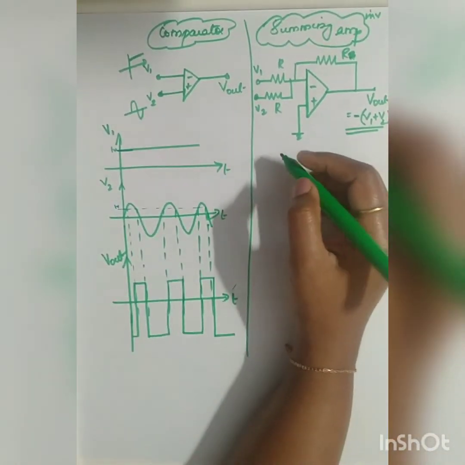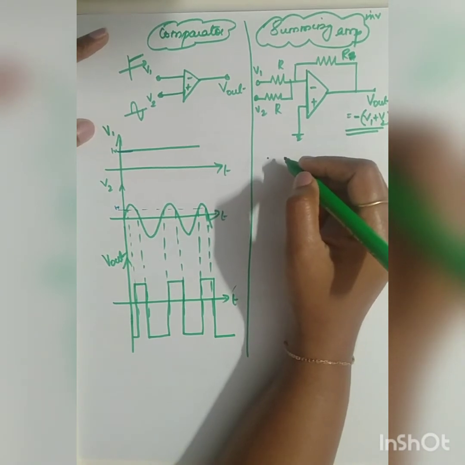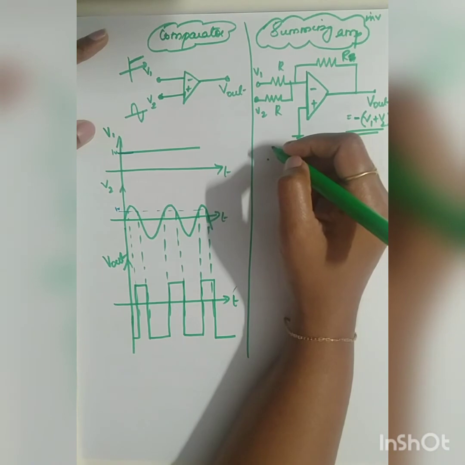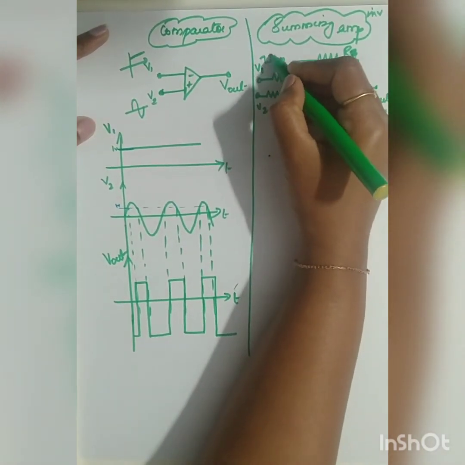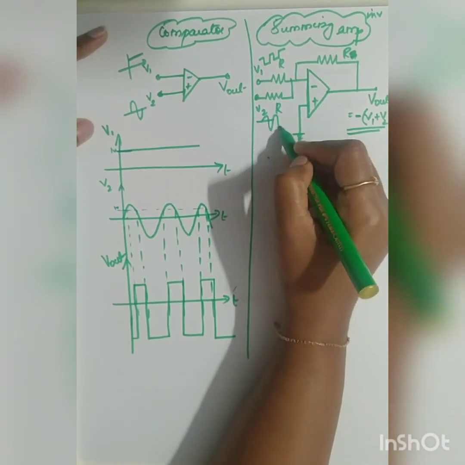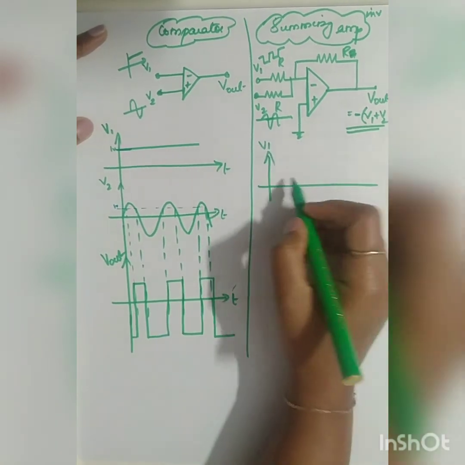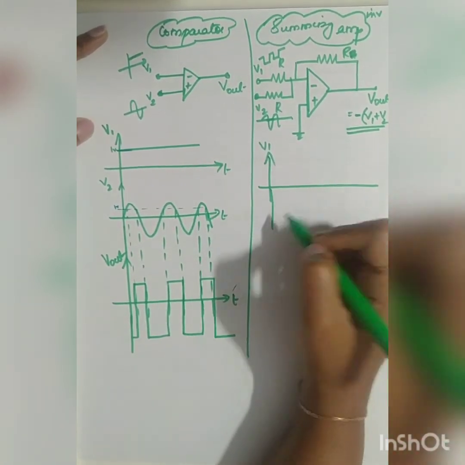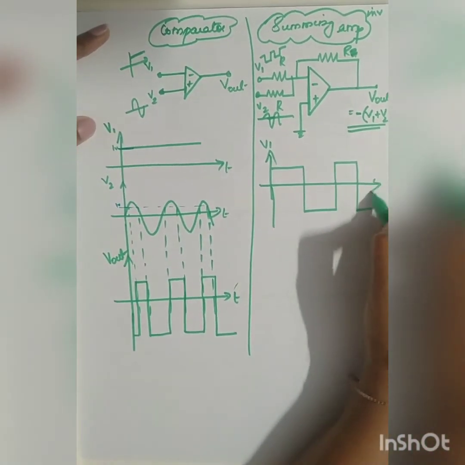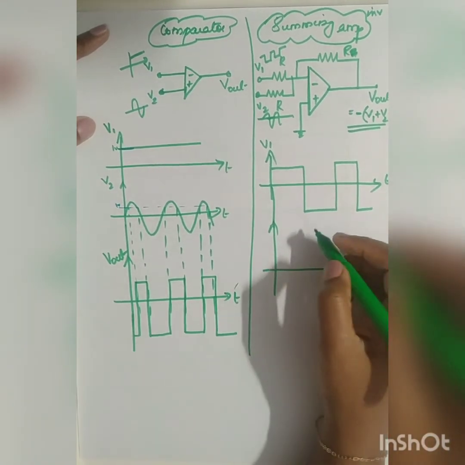So for example, how will your waveform look? If I am going to add two signals, let me add a square wave and a sinusoidal wave. Here I am going to give a square wave, and here I am going to give a sinusoidal wave. V1, I am taking as a square wave, and V2 as a sinusoidal signal.